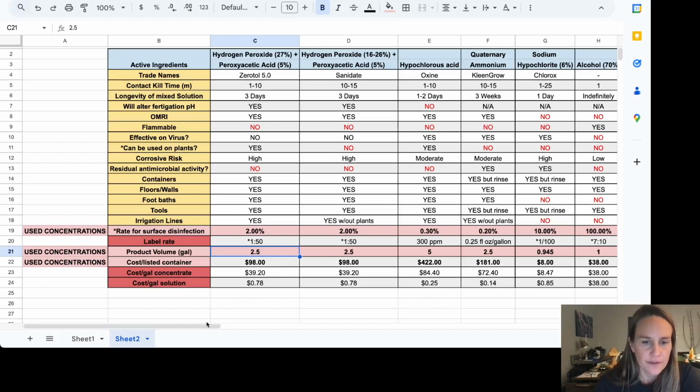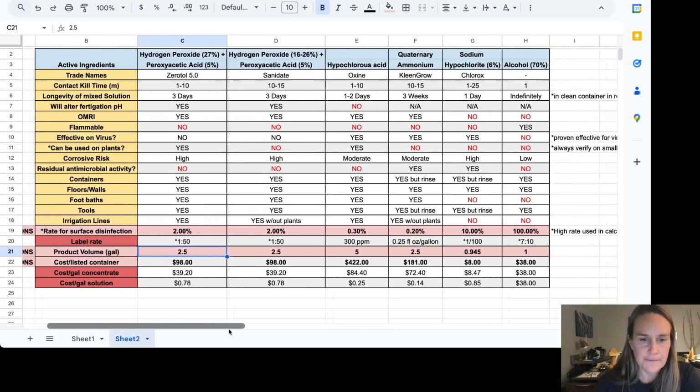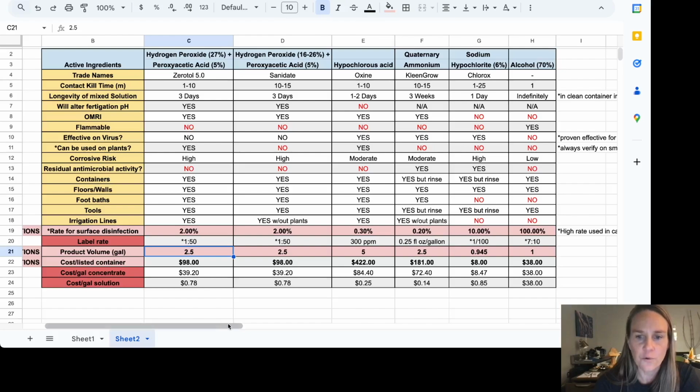So in my example, based off single unit prices, I was actually quite surprised at a few things. Sanidate and Xylitol, you're looking at just about the same price per gallon. So this would be at diluted gallon. How much does it cost? 78 cents.